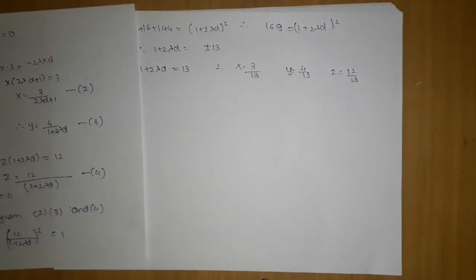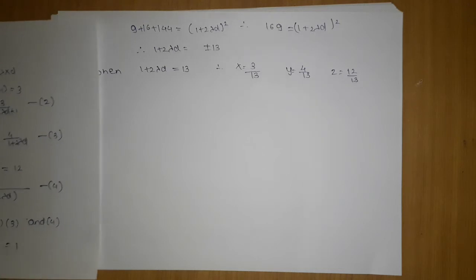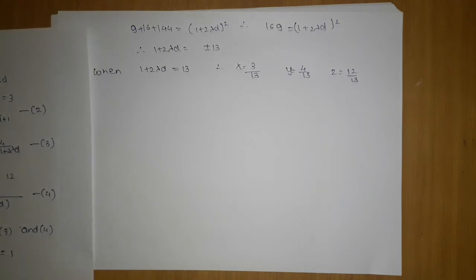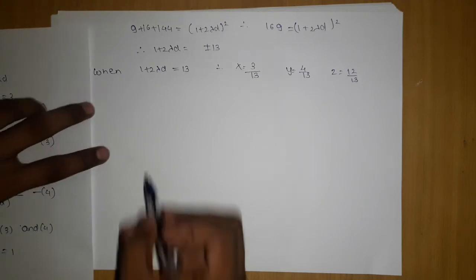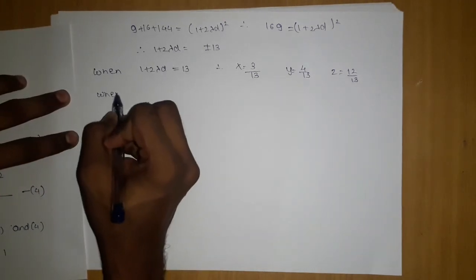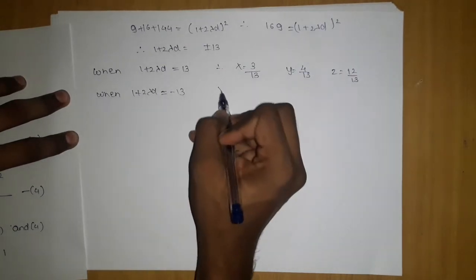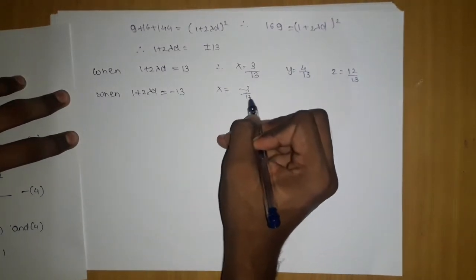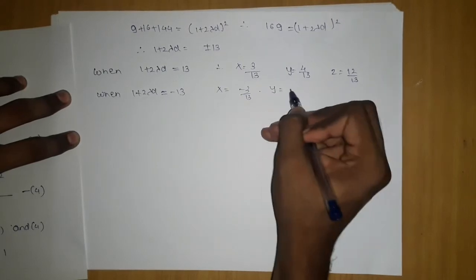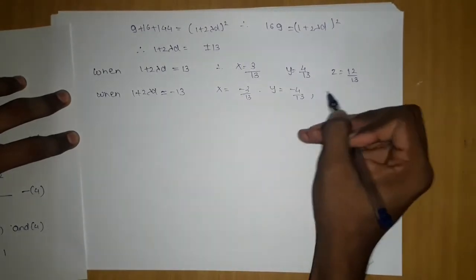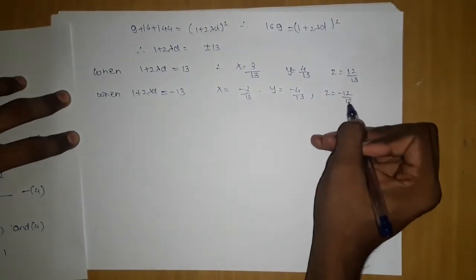It is just a straightforward thing, so I am not going to write the whole stuff, which is just wastage of time, right? And when 1 + 2λd = −13, we are going to have x = −3/13, y = −4/13 and z = −12/13.